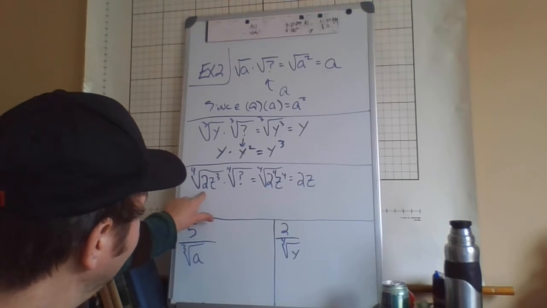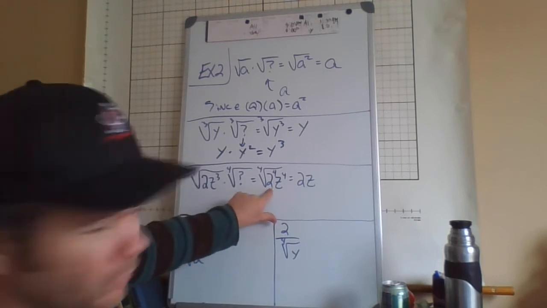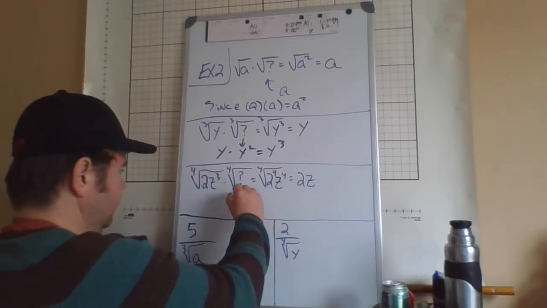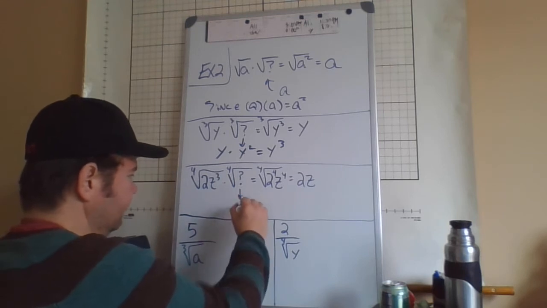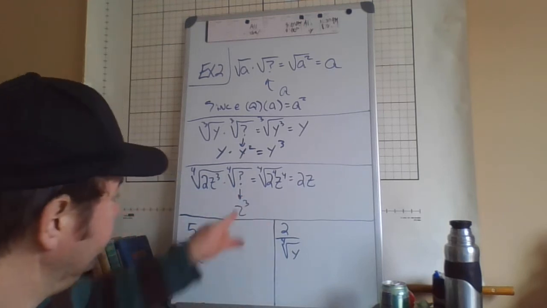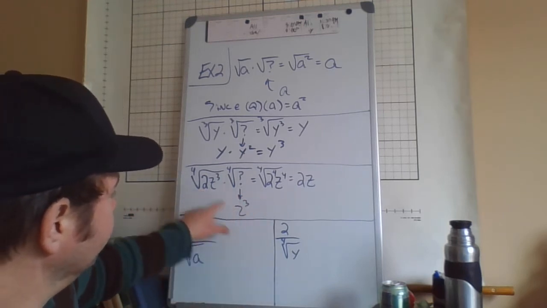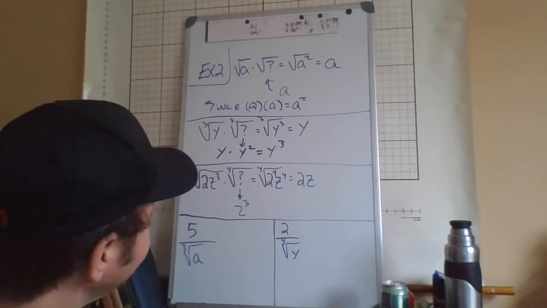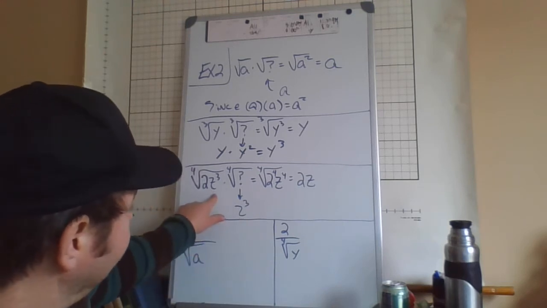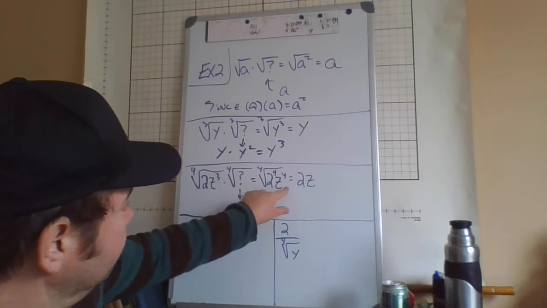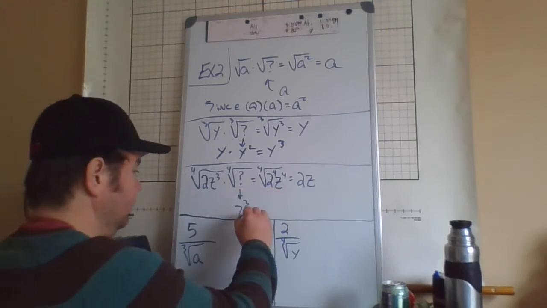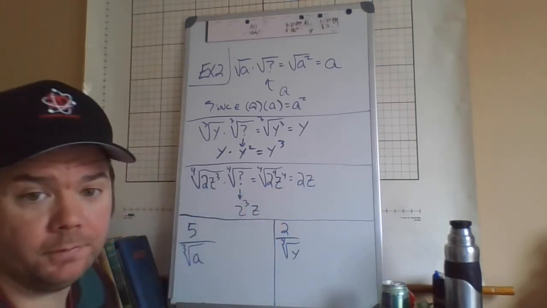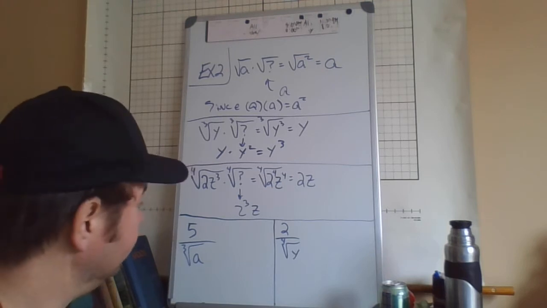How do I get 2 to turn into 2 to the fourth? Multiply it by 2 to the third. 2 to the third times 2 is 2 to the fourth. What do you multiply by z to the third to get z to the fourth? You just multiply by z.